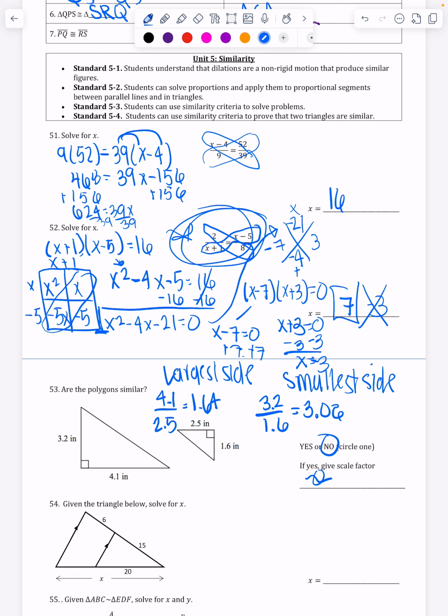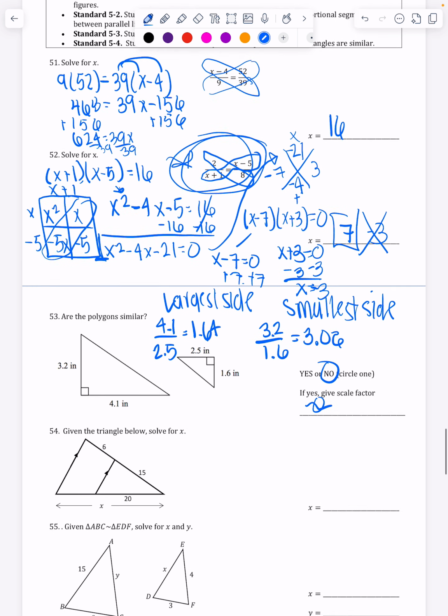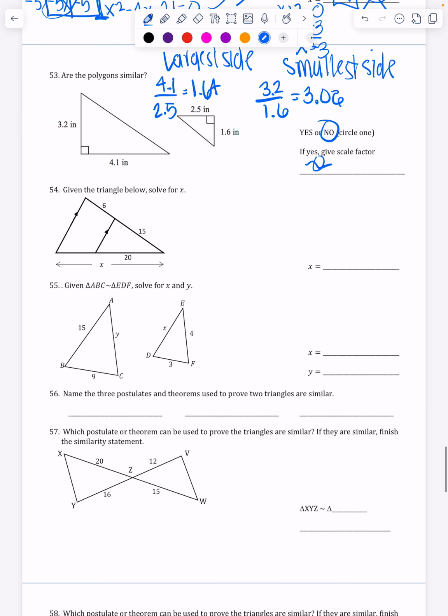Okay, for the triangle below here, let me just kind of bring this up to the top. Well, what I'm going to do is I'm going to add the length of this triangle. I'm going to get 21. And then I'm going to set up my scale factor because I'm going to see it as two different triangles. I'm going to see it as this one that I'll highlight in pink right here, and this one that I'll highlight in orange.